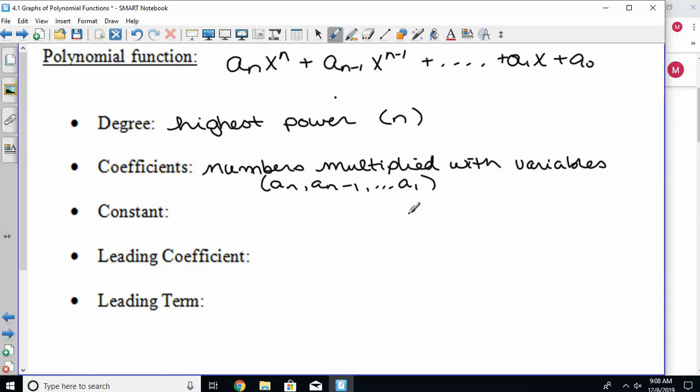When I talk about the constant, that's the term without a variable, which in this would be your a sub 0.